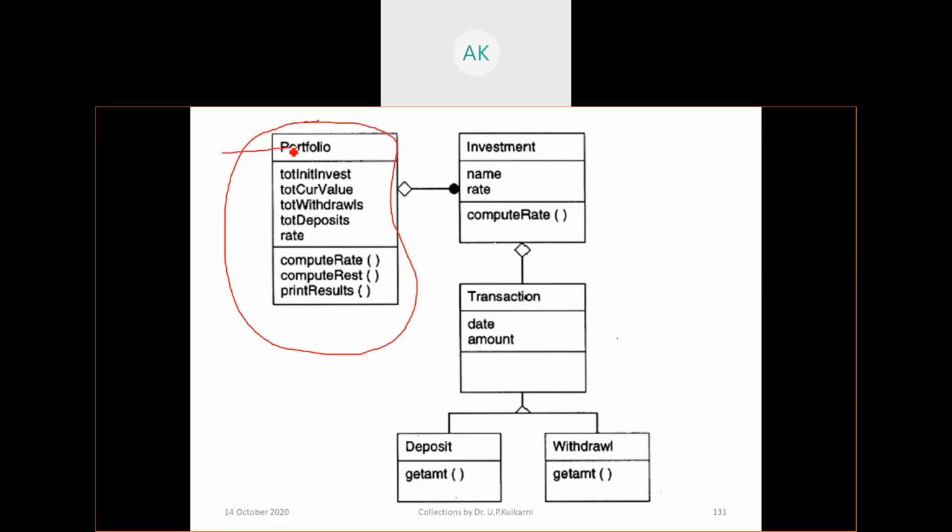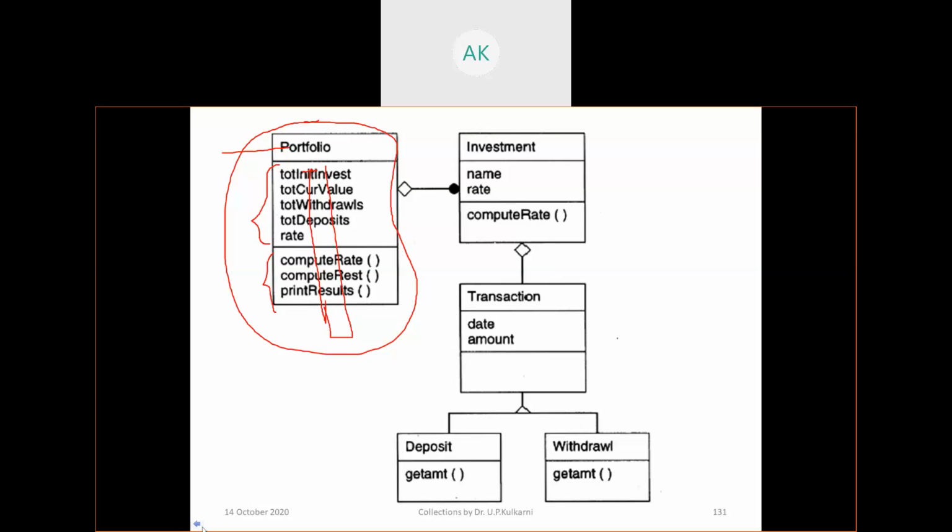One is the name of the class, the other is all its attributes, which are nothing but the variables used in the class. Then you have all the methods or services provided by a particular object. These methods and attributes put together are the properties of a particular object, right?